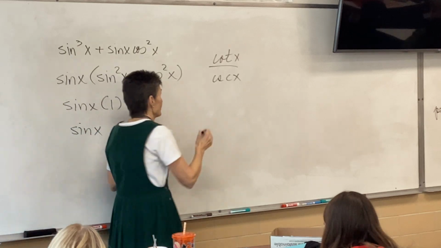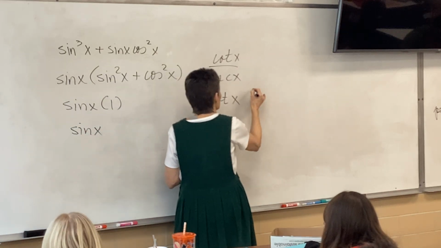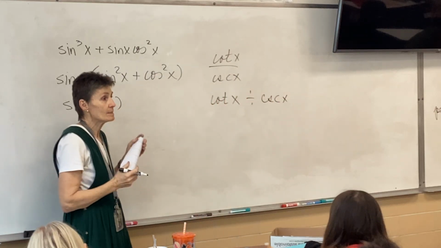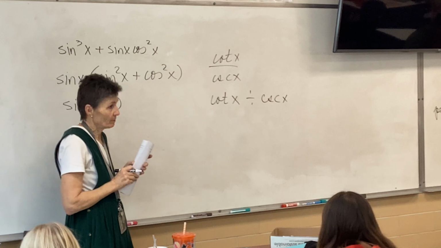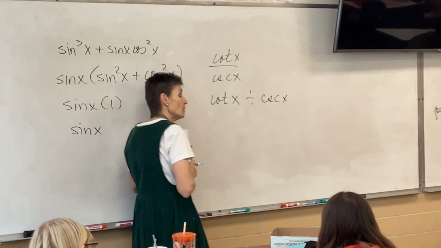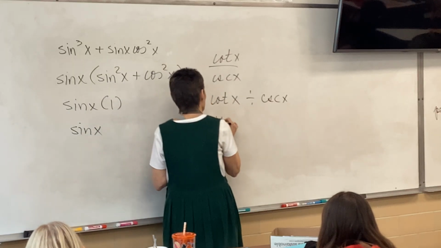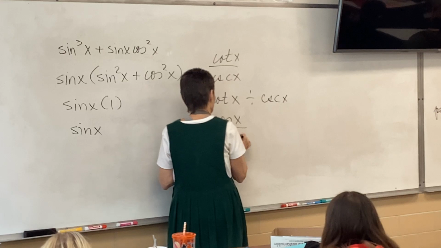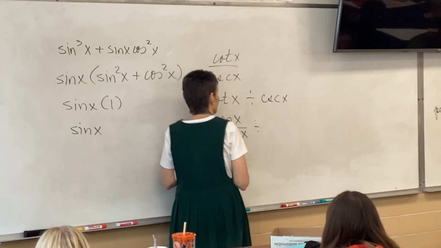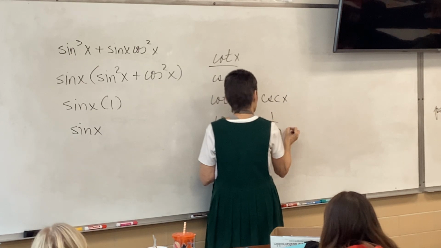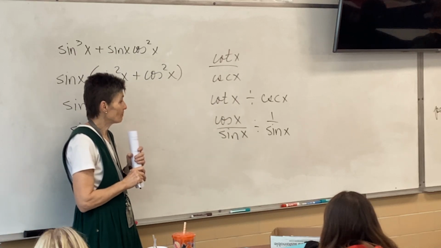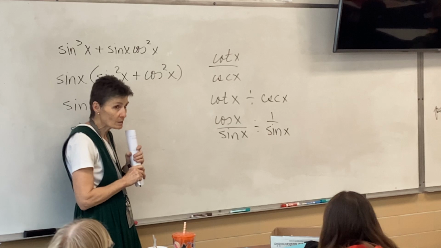We wrote it longhand. So we wrote it out with a division sign, like this. Because what is going to be our next step? Write them as their fractions. So what is cotangent? Cosine over sine. What is cosecant? 1 over sine. Now I have a division problem involving fractions.